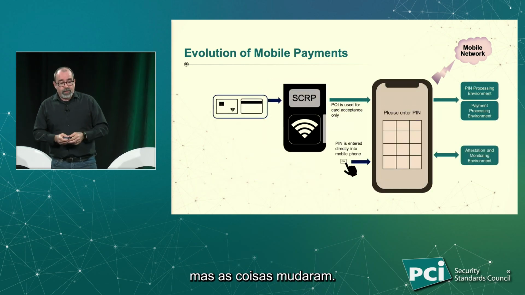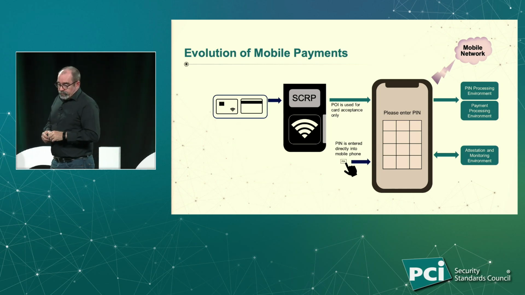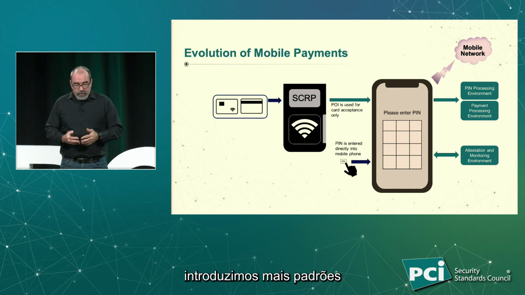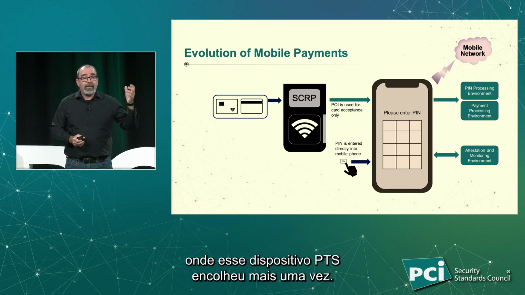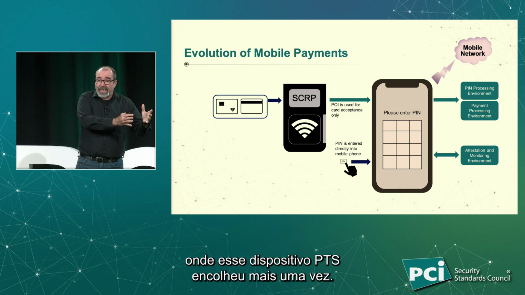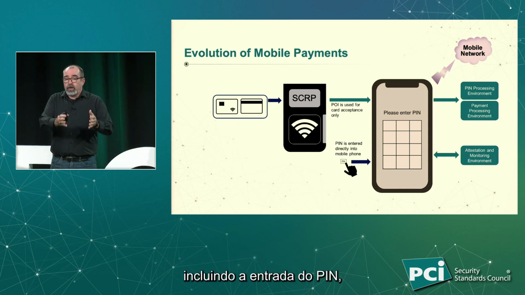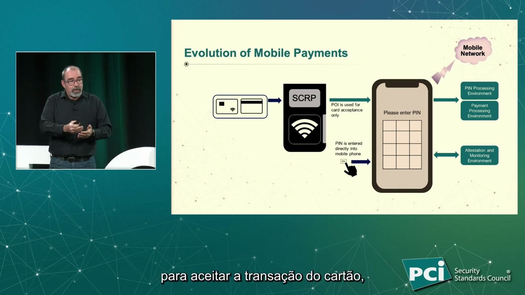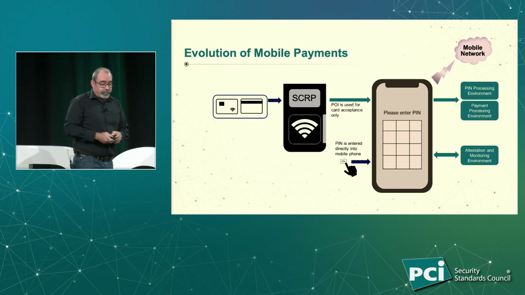But things have changed. So in 2018, we introduced more standards that allowed for the use of PINs on mobile devices, where you had that PTS device shrunk down again. Now, you remove the modem, you're now removing a lot of the other functions, including the pin entry, having a card reader that you can use to accept the card transaction, but the pin is entered on the mobile phone.